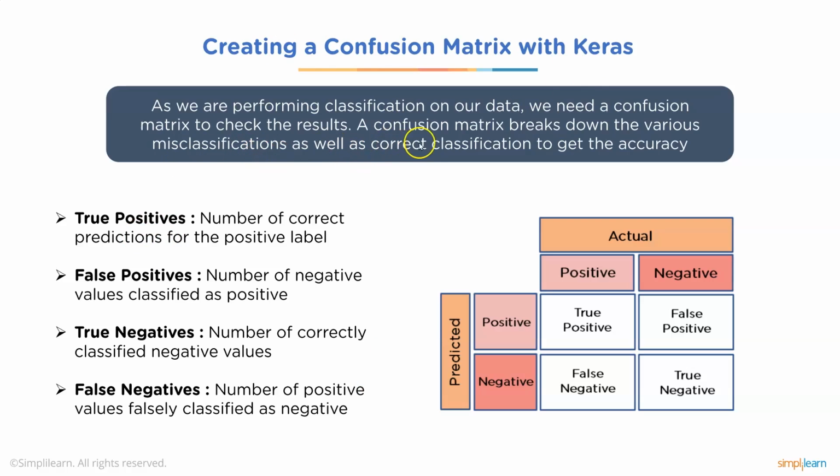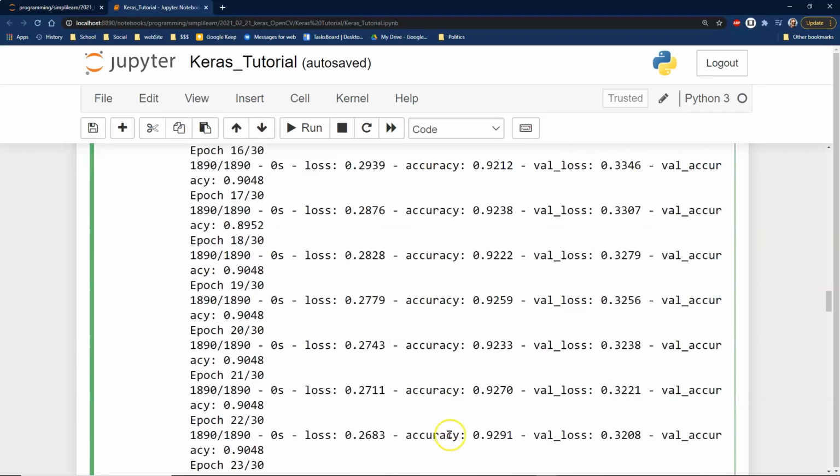As we are performing classifications on our data, we need a confusion matrix to check the results. A confusion matrix breaks down the various misclassifications as well as correct classifications to get the accuracy. And so you can see here, this is what we did with the true positive, true negative, false negative. And that is what we went over. Let me just scroll down here.